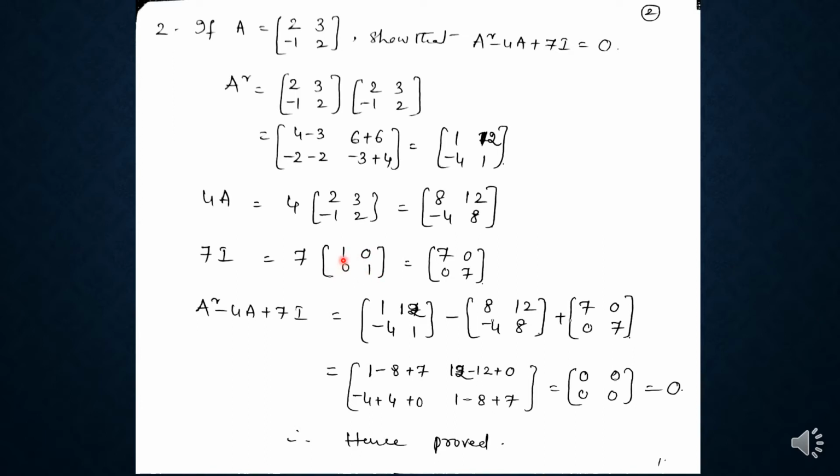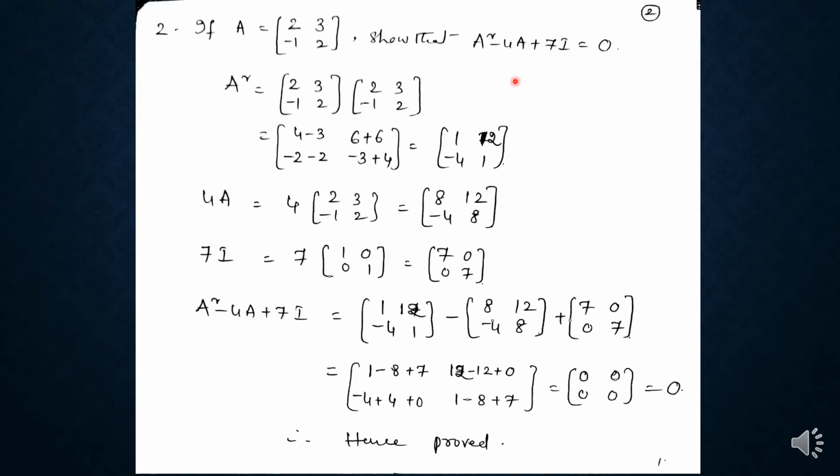If it is third order, it is 1 0 0, 0 1 0, 0 0 1. But here we have been given a 2 by 2 matrix, that's why we are taking the second order unit matrix, 7 into [[1, 0], [0, 1]]. Now by multiplying with 7, we'll get 7 into 1, 7, 7 into 0, 0, 7 into 0, 0, 7 into 1, 7. So this is 7I.